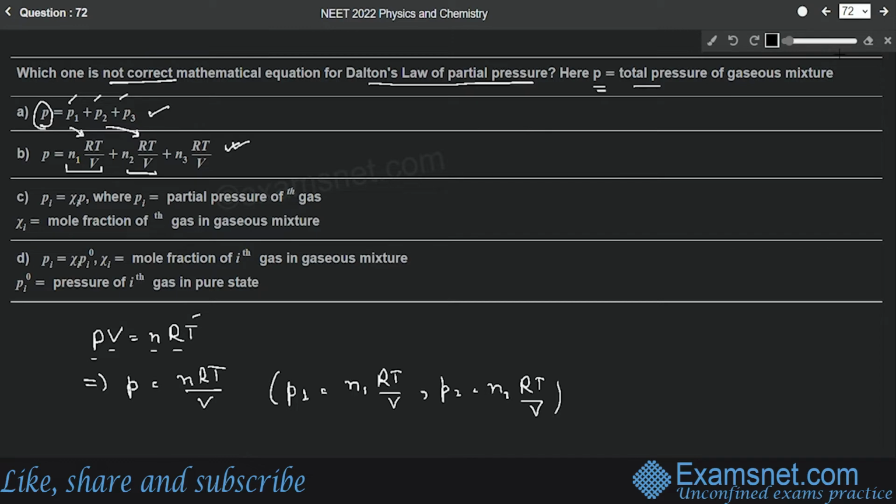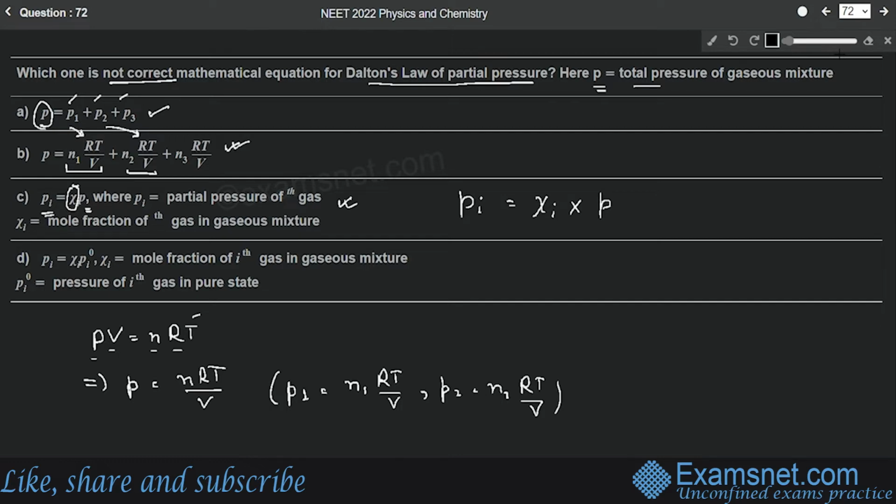Now we come to the third one. It says the partial pressure of gas i is equal to the mole fraction of that gas into the total pressure. Okay, so this is a correct equation. Okay, you have to remember that the partial pressure of a gas is equal to the mole fraction of that gas into the total pressure of the gaseous mixture.